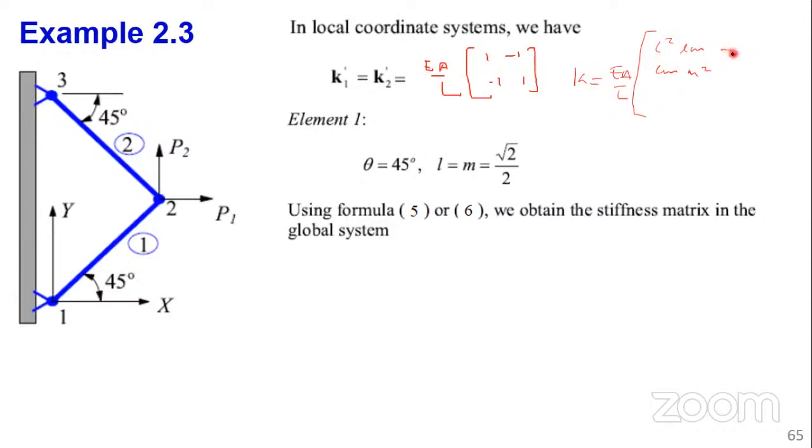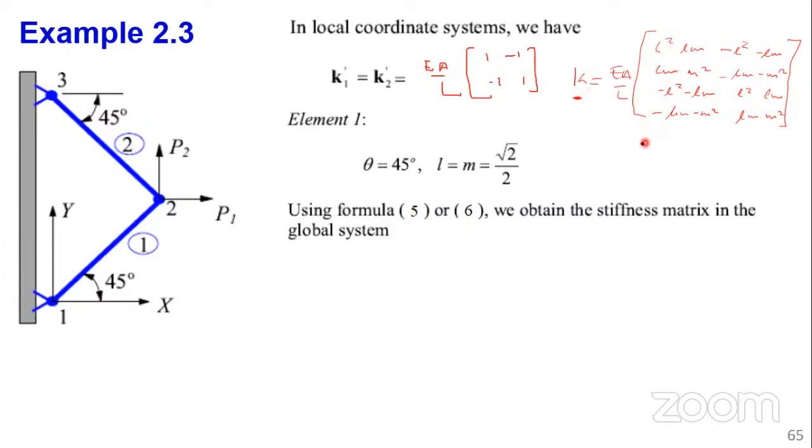So I can start with the main diagonal to finish this row: minus L squared, minus LM, minus LM, minus M squared. And then, of course, the opposite main diagonal is L squared, LM, M squared. This is the equation that we need to use to obtain the global stiffness matrices, K1 global and K2 global.